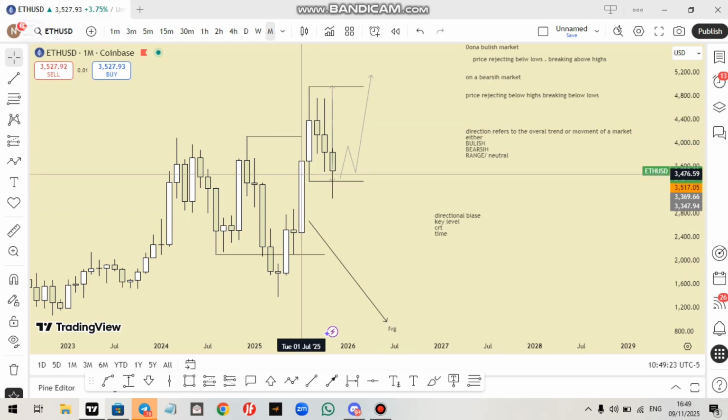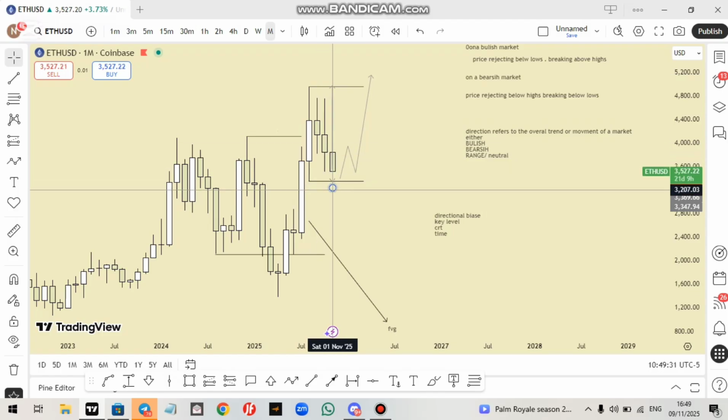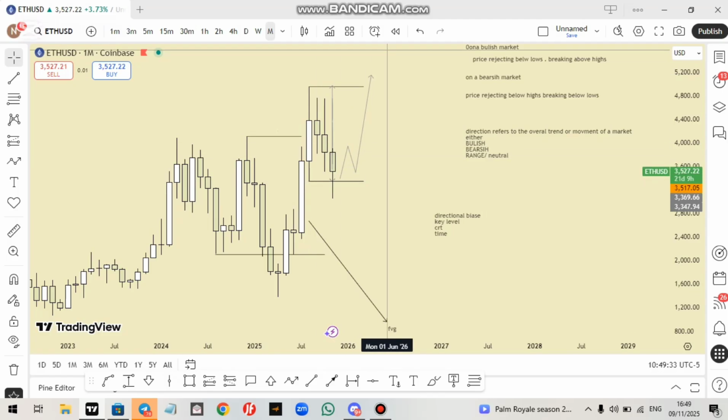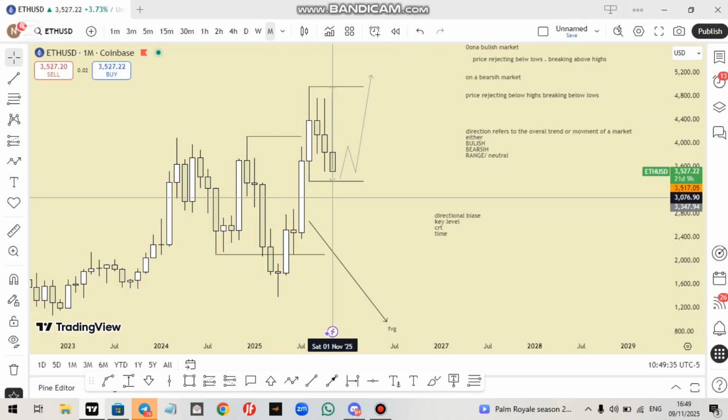This is our CRT, 1, 2, 3, right? One, this is our accumulation candle, manipulation candle, and we are now expanding to the high, giving us a sign of rejection. Look at the rejection. This rejection alone has at least said everything. It's bullish.